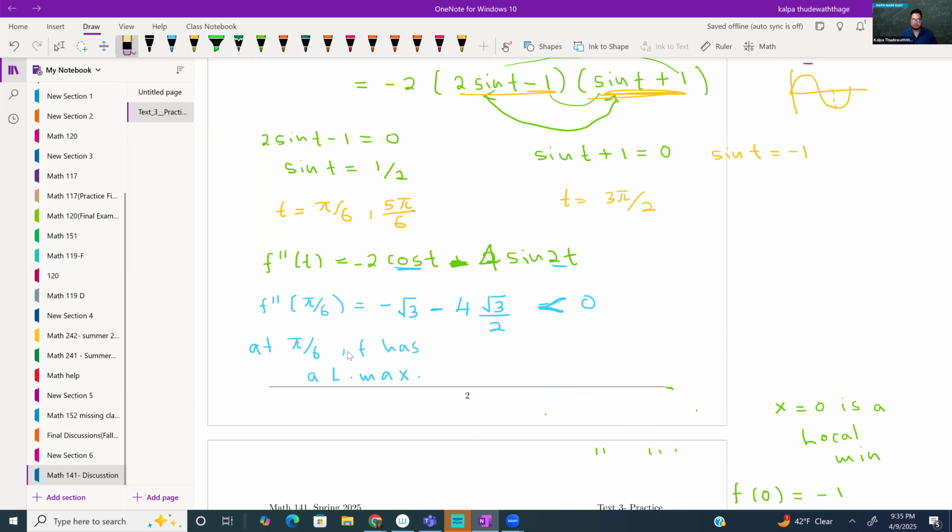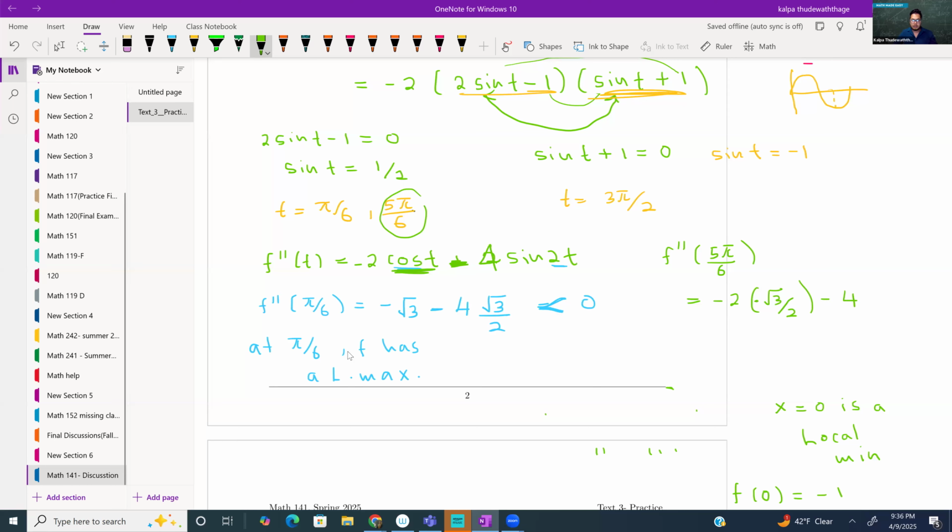Okay, right. What happens if you plug in 5 pi over 6? I want to explain that one as well. 5 pi over 6 means 150 degrees. Here cosine is negative in the second quadrant. It's the same as cosine 30, but it's negative.